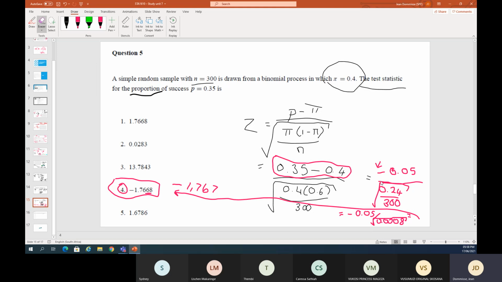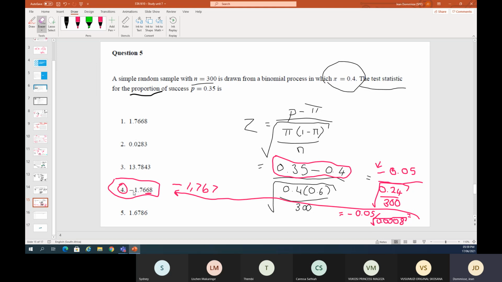So again, a nearly quick tip: if you look at that first component, it is going to be negative, so the only answer in these options that is negative is option 4.